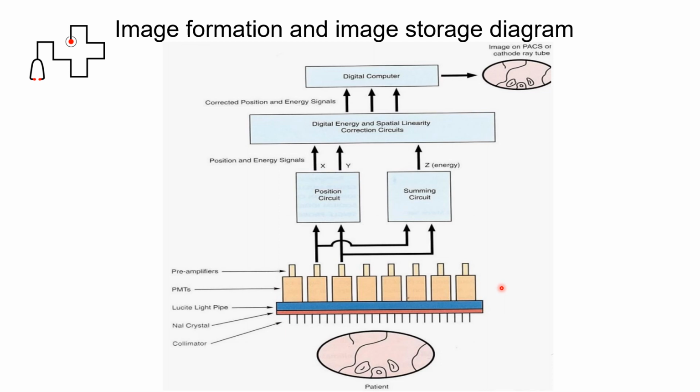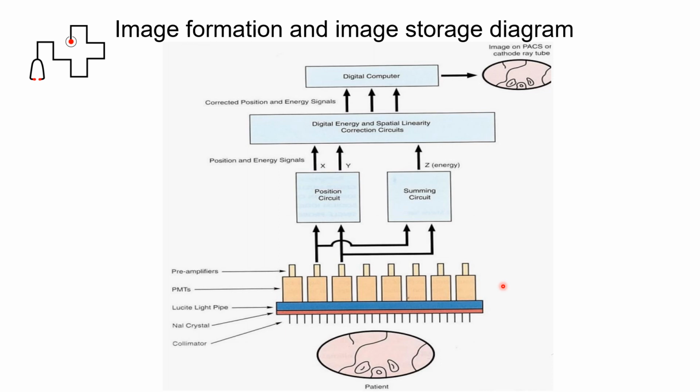The thickness of crystals varies from 1/4 inch to 1/2 inch, and the thicker crystals are better for imaging radiopharmaceuticals with higher energies above 180 keV, but have decreased resolution.